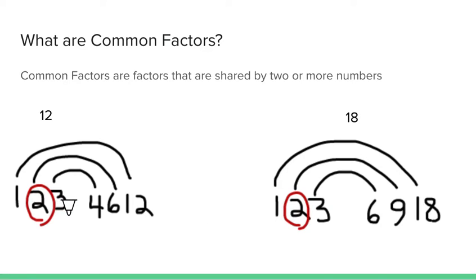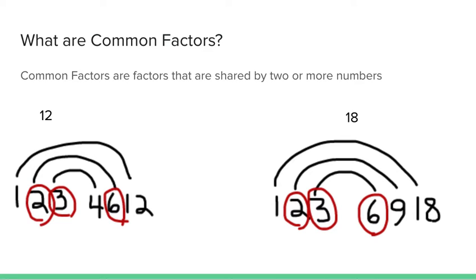They both have 3, so I'm going to circle both of those. 4 is not a factor of 18, so that doesn't work. 6 is a factor, so I'm going to circle 6. So now, I think that's it. 12, 9, 18. None of those are shared. So now you've seen here that I have circled all of the common factors.